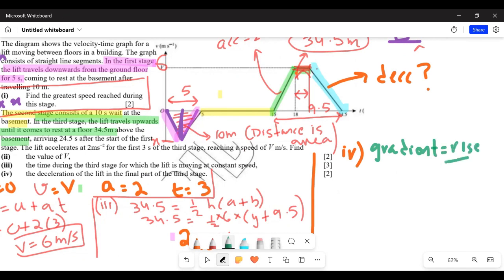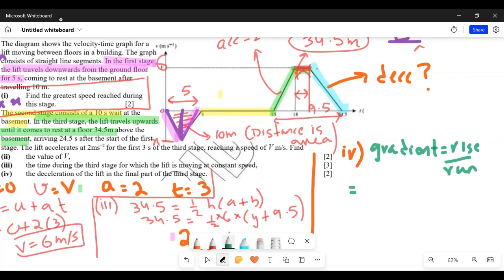So you don't even have to worry about the sign. Deceleration is actually negative. But when you're mentioning the deceleration, you just mention the magnitude because deceleration by default means negative acceleration. So the rise is from here to here, which is V was 6.